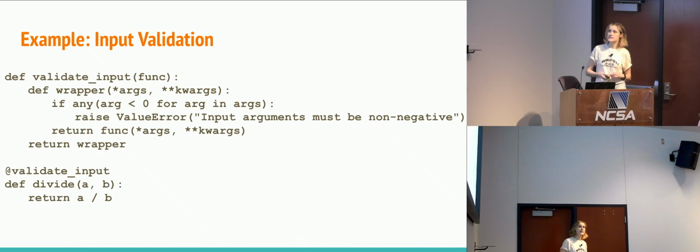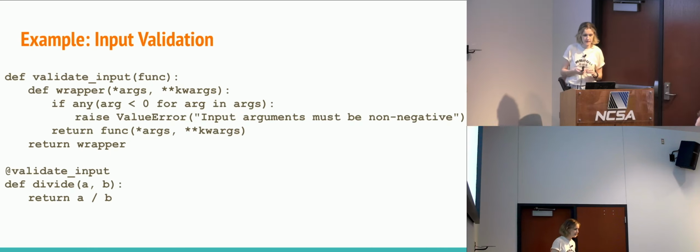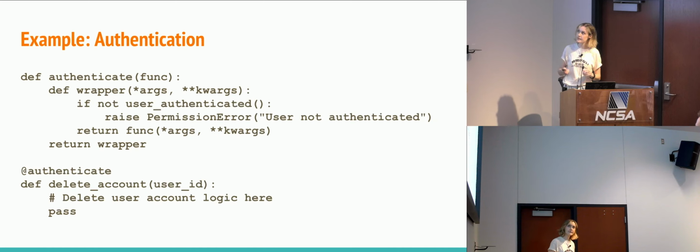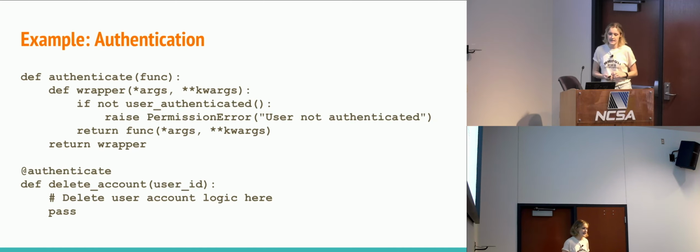So input validation might look something like this, where we raise a value error if we get any sort of input that we don't want to actually process in our function. Authentication could look like this. We can just enforce authentication checks before executing certain functions, making sure that only authenticated users do have access to sensitive operations.